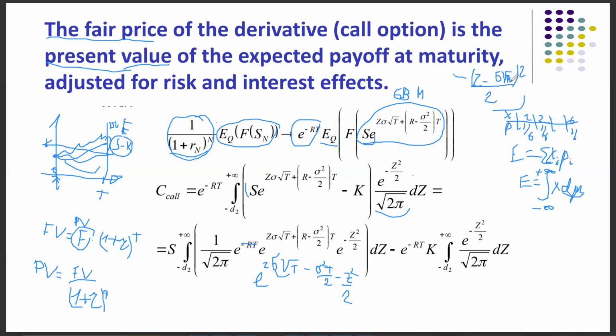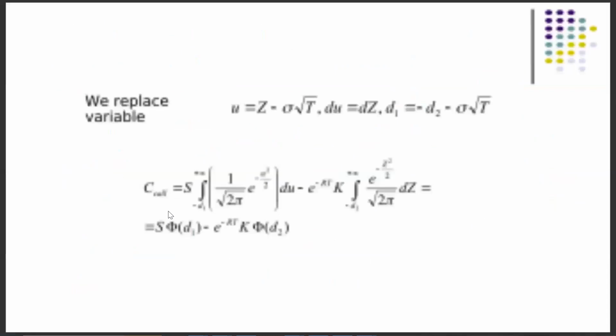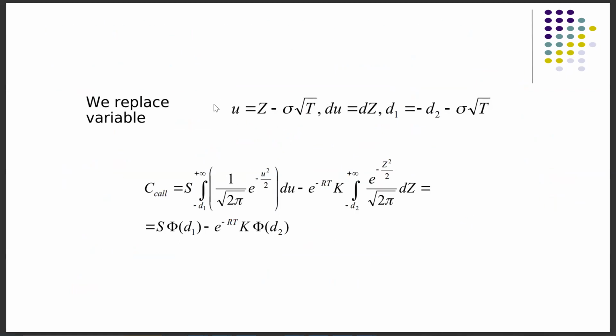Now we can introduce a new variable u, so u equals z minus sigma square root of T. Then du equals dz, and if we substitute, you see that we have the next formula.